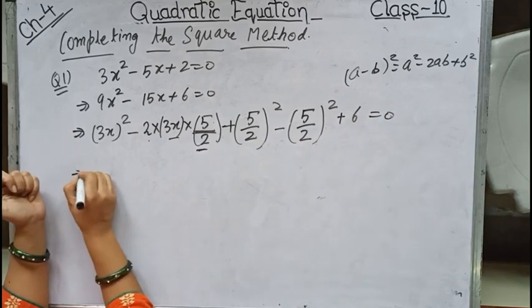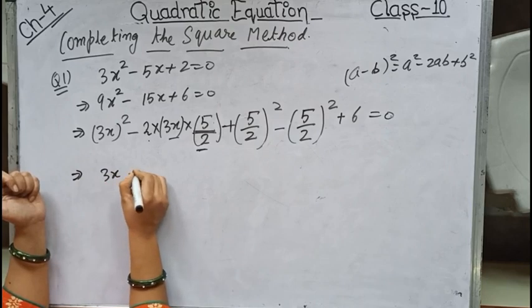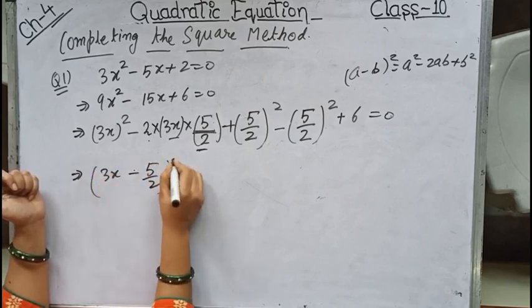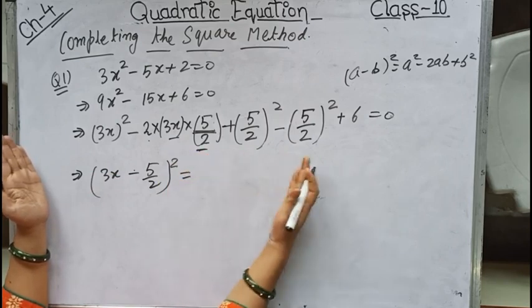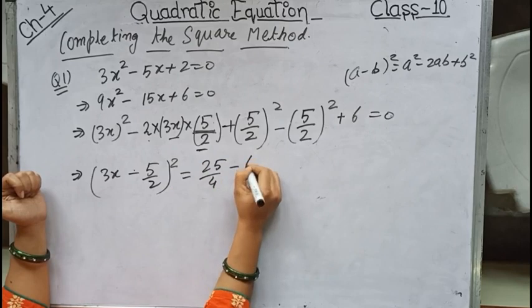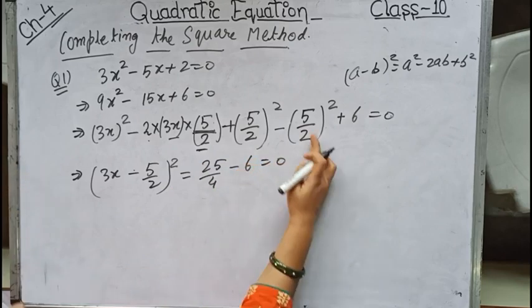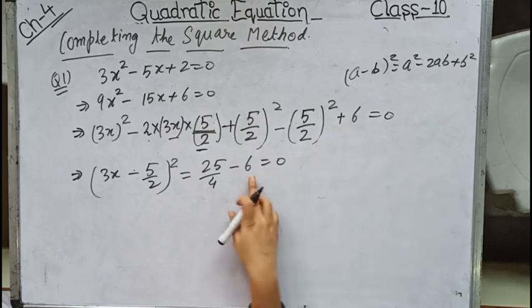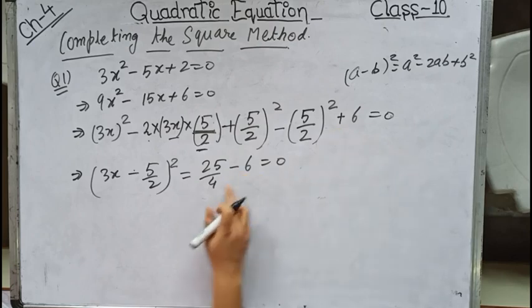So now this will be (3x − 5 by 2) whole square equals, now I am taking it that side, 25 by 4 minus 6. (5 by 2) whole square will be 25 by 4, and this plus 6 when it goes to that side will become minus 6.